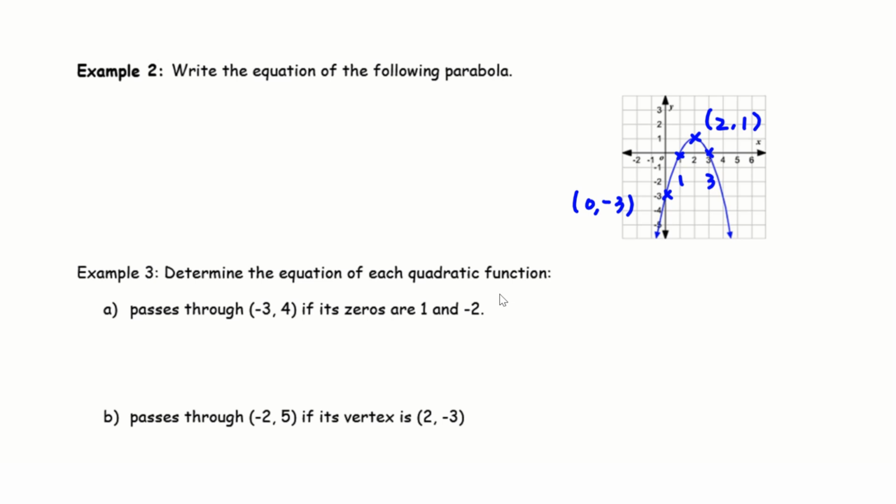So we have three forms: the standard form, vertex form, and factor form. If the vertex is given, then it will be easier for you to start with vertex form. So (p, q) is your vertex, which equals (2, 1).